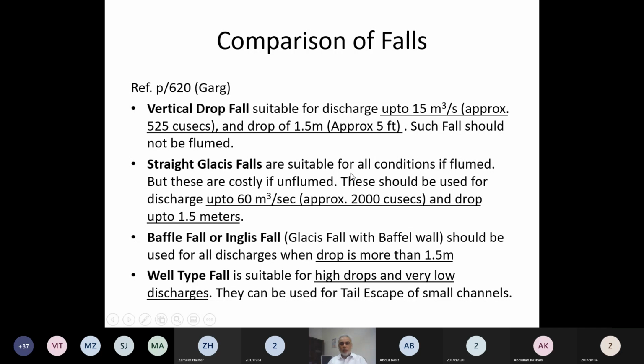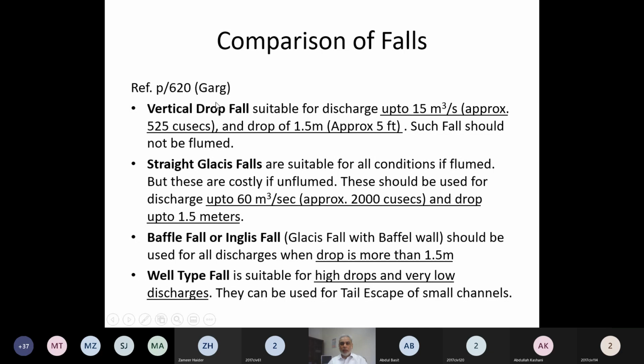Which fall should be provided in which condition? Some guidelines are provided here. Further, you can read from the GAG, page 620, which describes other kinds of falls also, and in which condition each should be utilized.